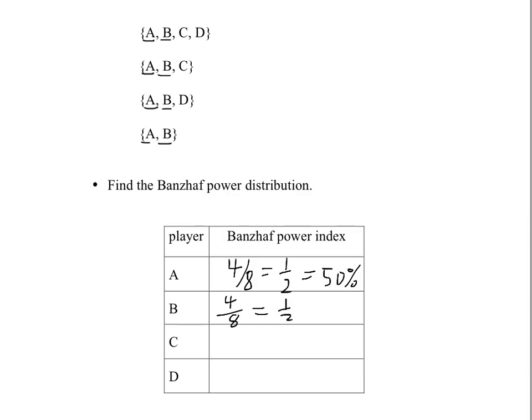So B also has half the power, or 50%. And now C has no instance of being critical, so C has 0 out of 8, which is to say 0% of the actual power, and similarly D has 0% of the actual power. So right there, we can read off the dumminess of C and D.